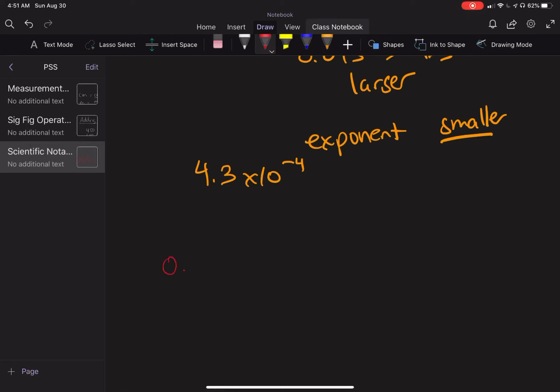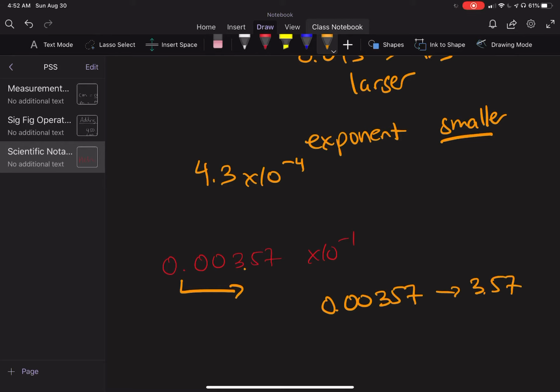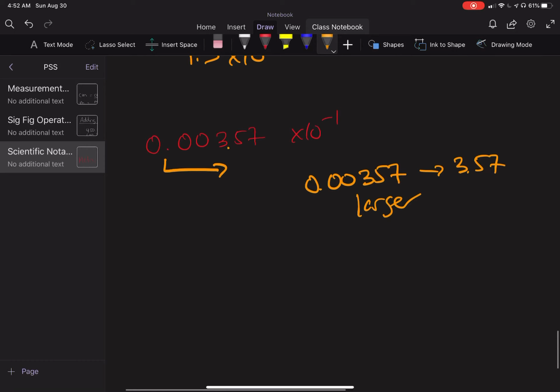So how about 0.00357 times 10 to the negative 1 is what your calculator told you. You want to put it in proper scientific notation, which means you want the decimal here. We're going to have to move it this way 3 times, going from 0.00357 to 3.57. We've made the number larger by doing that.